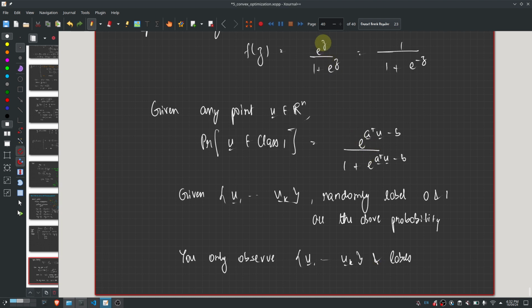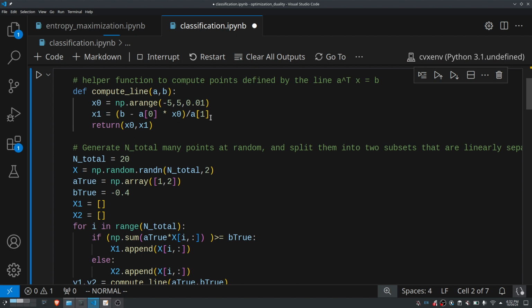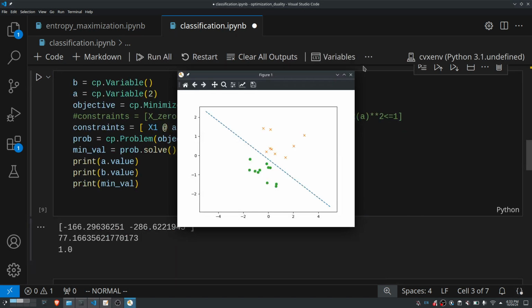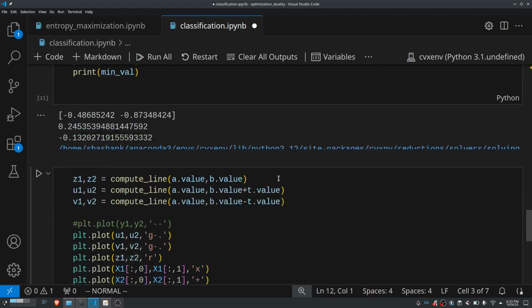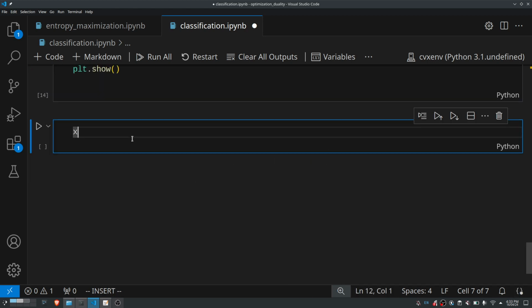Let's see this particular function. What does this function look like? Right, so let's maybe just quickly plot it out.